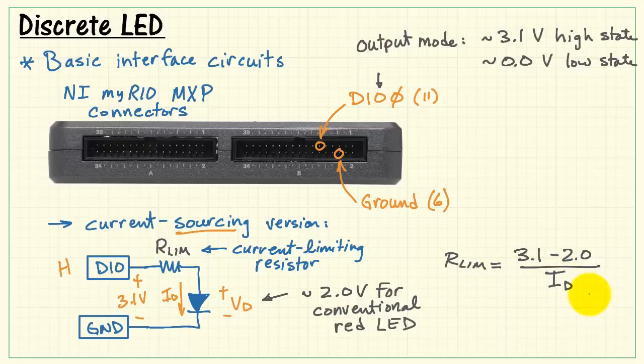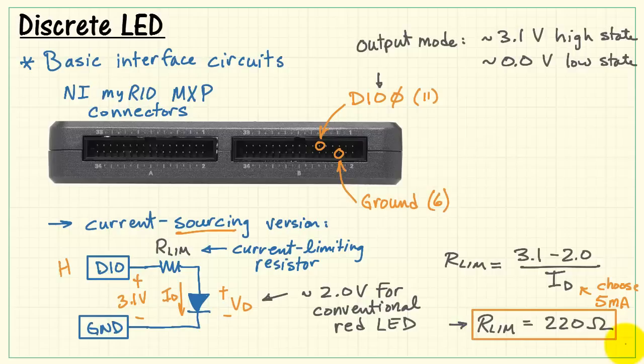I'm going to interchange those two so I can solve for the limiting resistor value. Let me choose 5 milliamps. It's a pretty decent amount of current to light this LED. And that tells us we need a current limiting resistor value of 220 ohms.